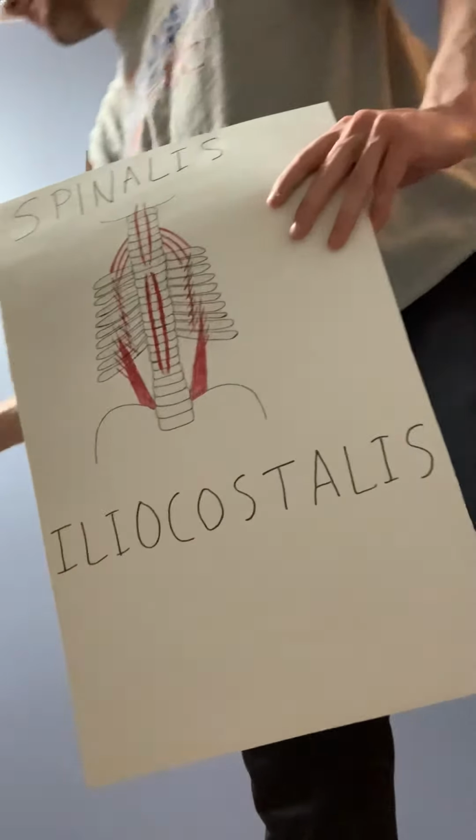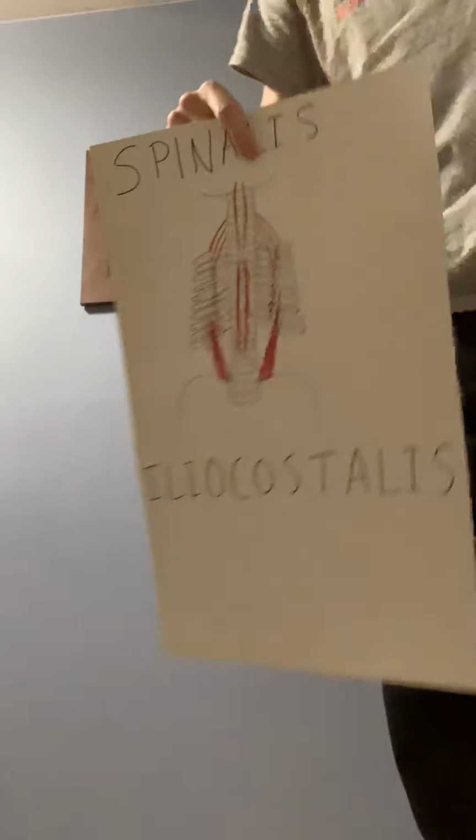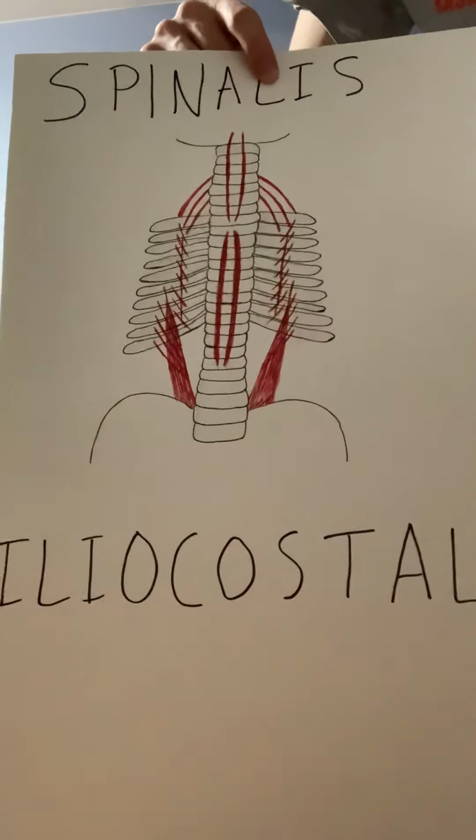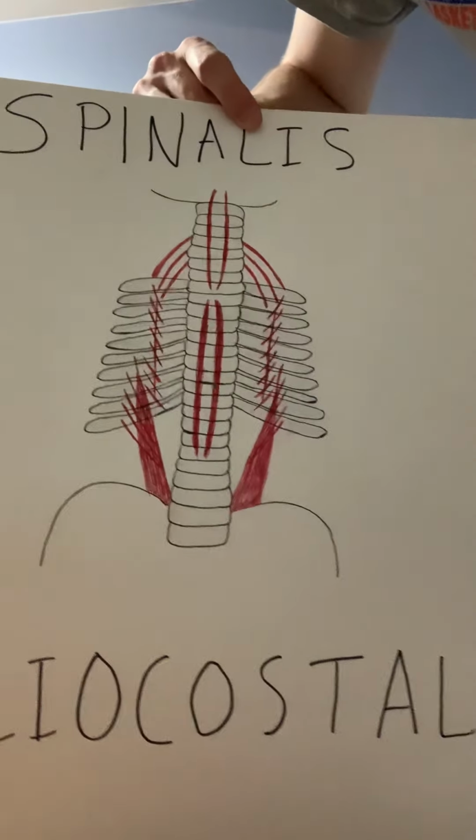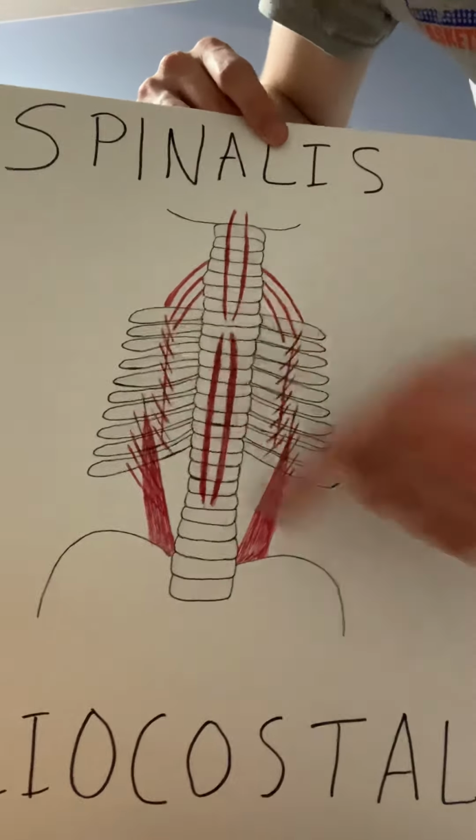Let's see, cervical portion originates at the angle of the ribs 3 through 6. Let's see, boom, right in there.